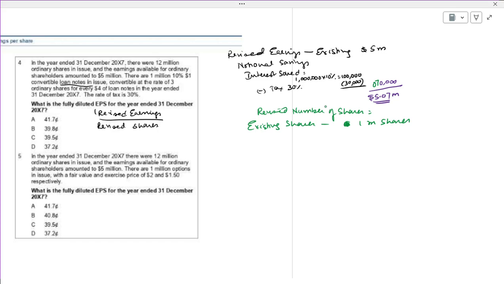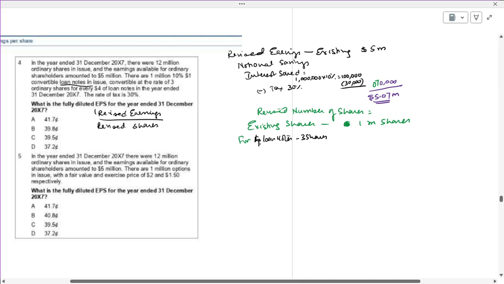For 3 shares, how many are issuing? For every 4 loan notes, 3 shares. Is it? For 1 million loan notes, how much? 1 divided by 4 into 3.